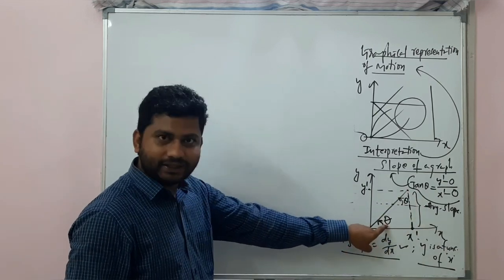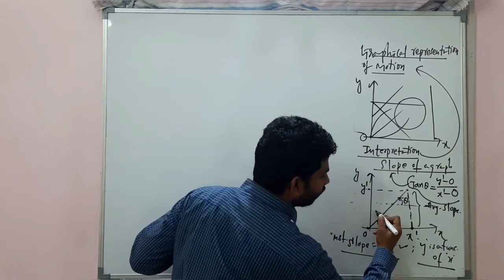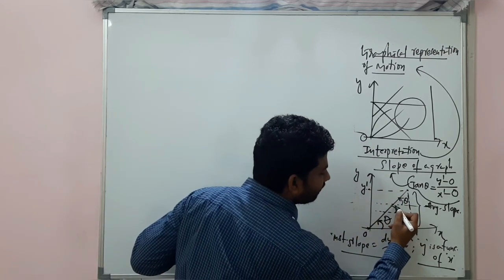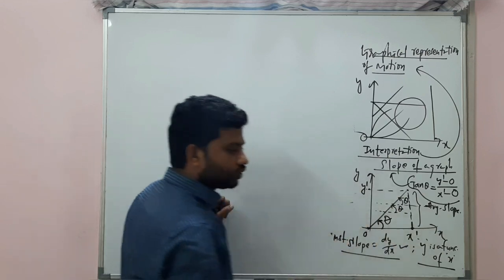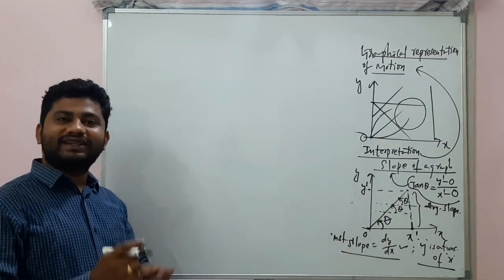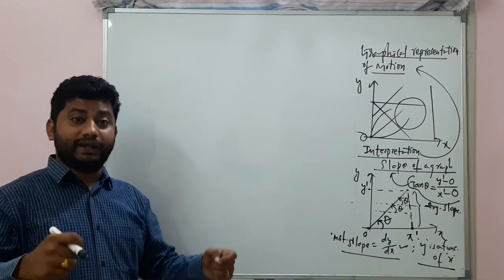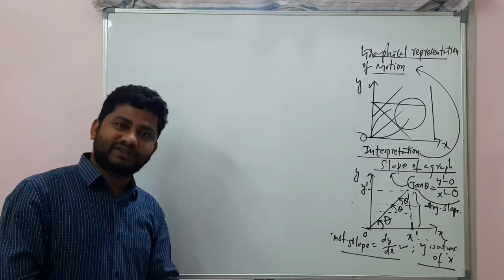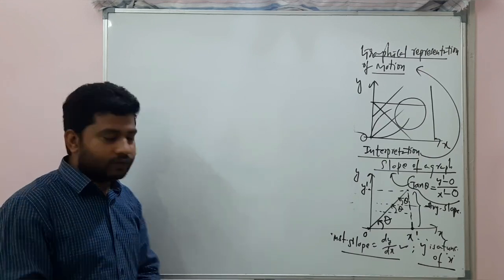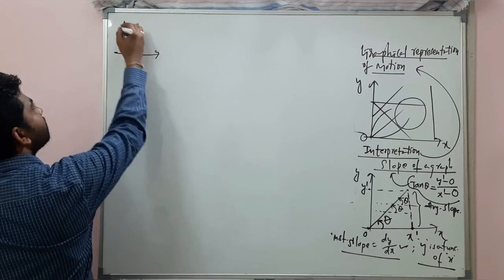The slope at this point, theta, is the same at any other point, so that's called the constant slope concept. Whenever you find this kind of graph, it is a constant slope. Listen to me, this is the easiest way of learning the graphical representation of motion, my dear students.